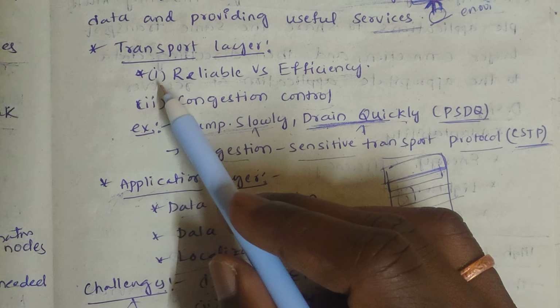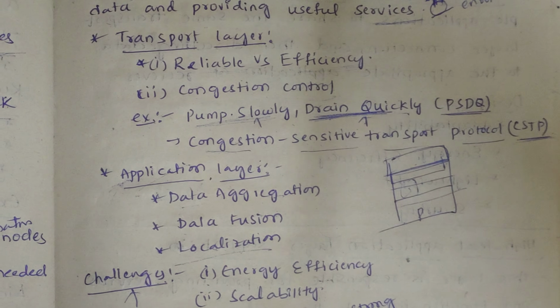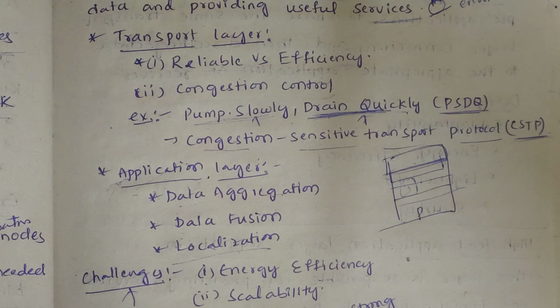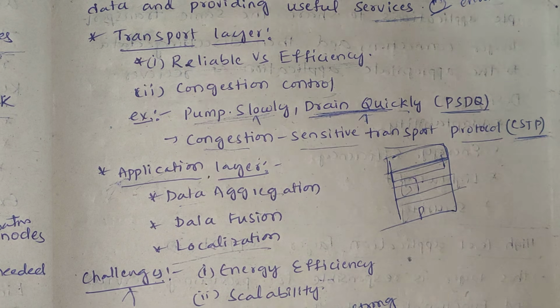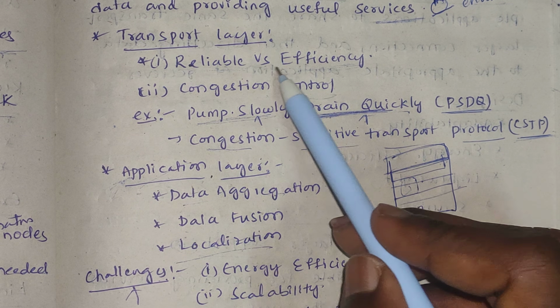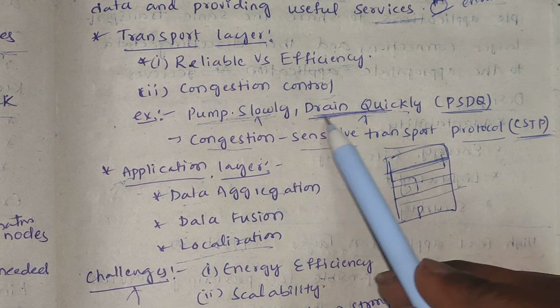In the transport layer we have reliability versus efficiency, and congestion control: pump slowly and drain quickly.